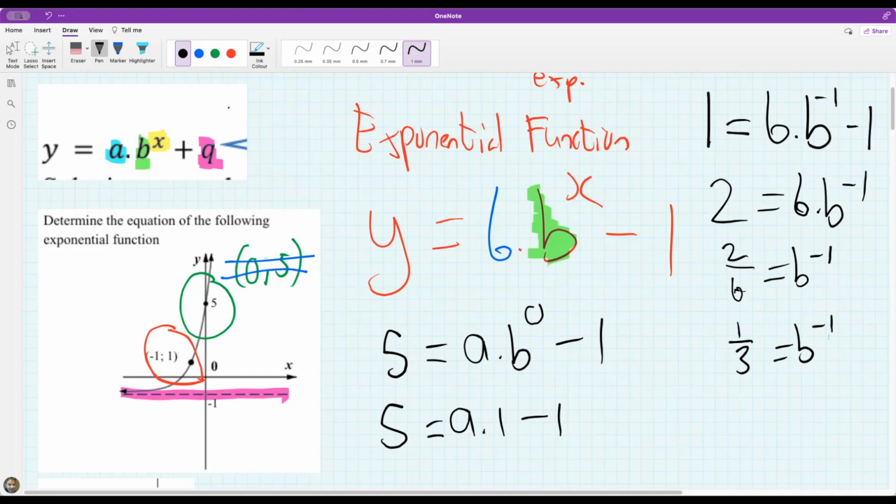The one is to raise both sides to the power of minus 1. If you do that, you get b to the 1 equals a third to the minus 1, and you'll get your answer.